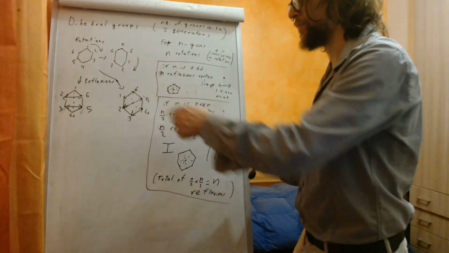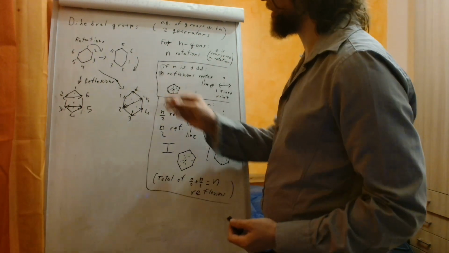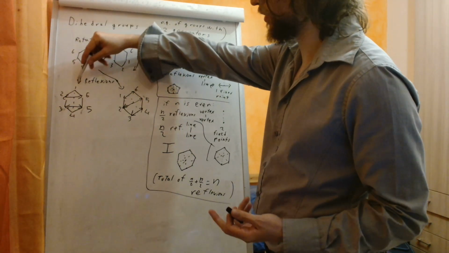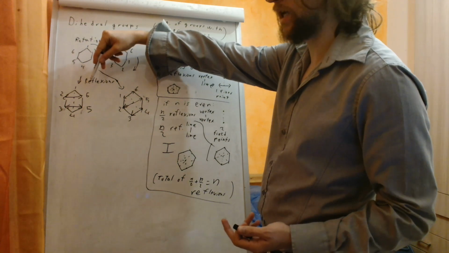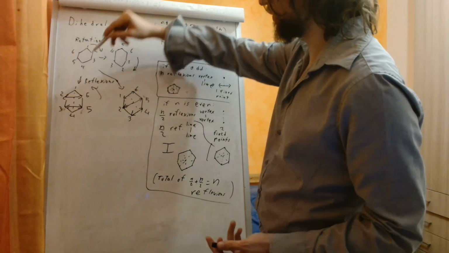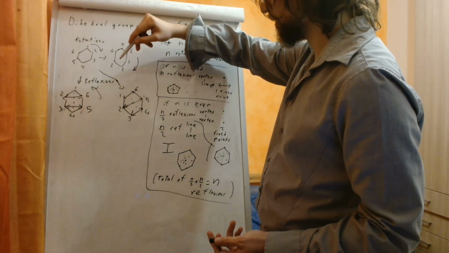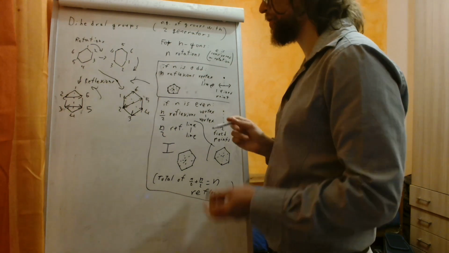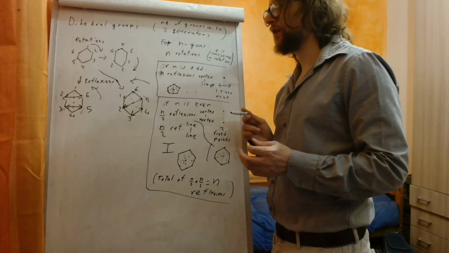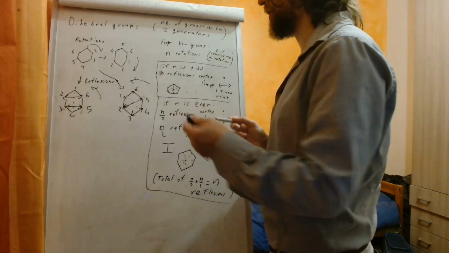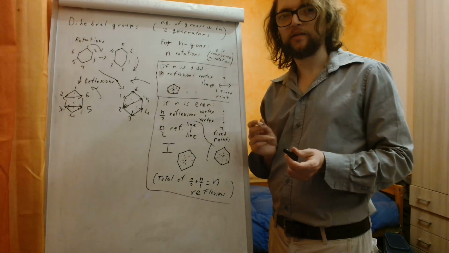Well, in these two examples, we see that here we have the order 1, 2, 3, 4, 5, 6, and here we also have 1, 2, 3, 4, 5, 6, but in reversed order, in the opposite direction. Here also we have 1, 2, 3, 4, 5, 6 in the opposite direction. So it looks like reflections only invert the direction, but they also don't change the reciprocal distances between the vertices.